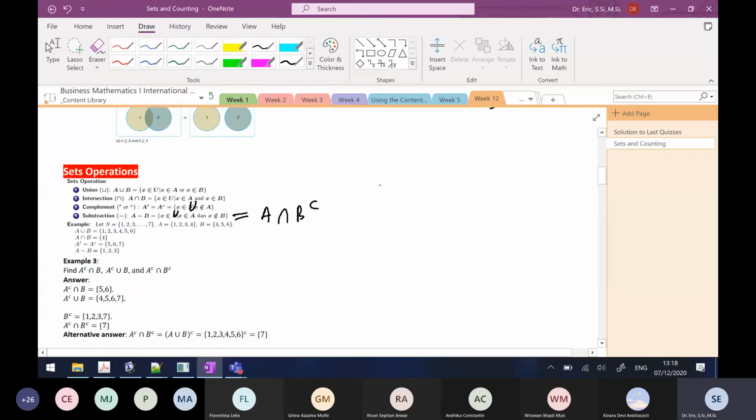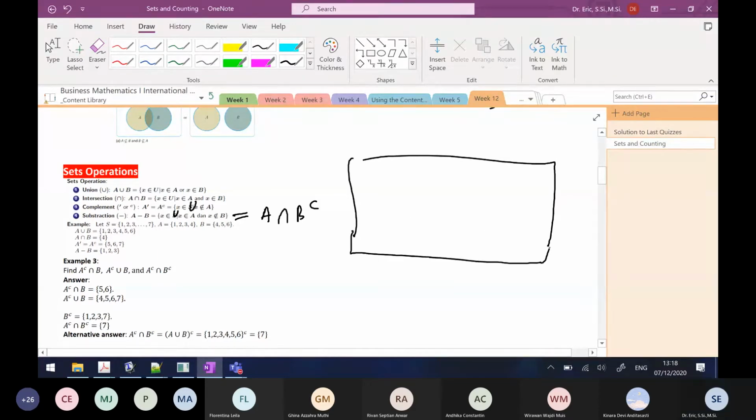So if I have this, I can draw the Venn diagram. This is the universal set, U. Then I have A, a set that contains 4 members: 1, 2, 3, and 4.